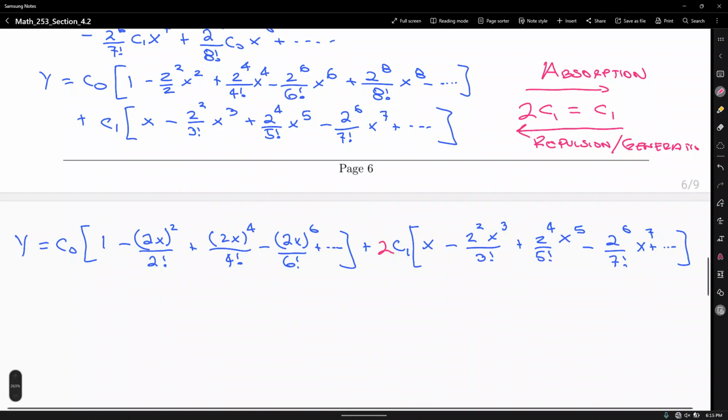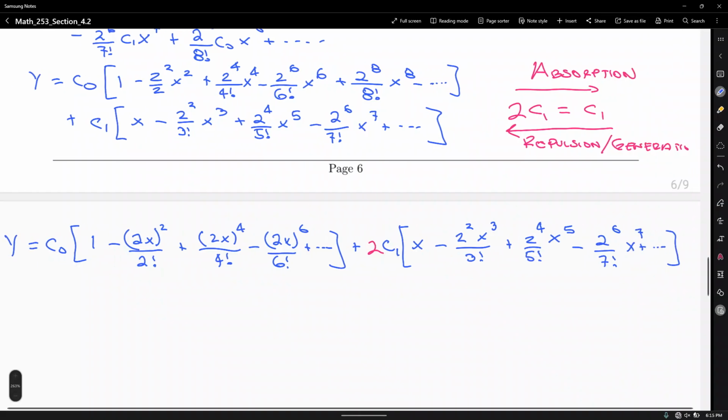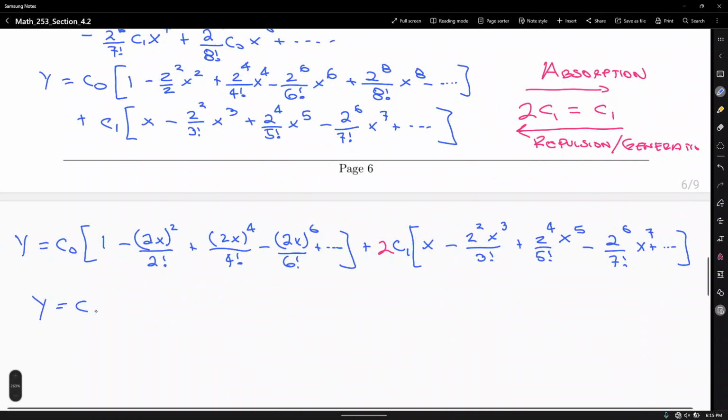The first group is ready, c sub 0 times, well, I don't need brackets anymore. This would be sigma n equals 0 to infinity. This is an alternating series, isn't it?